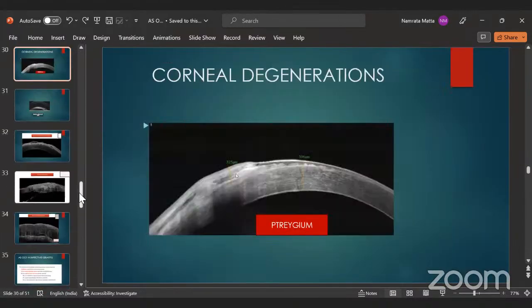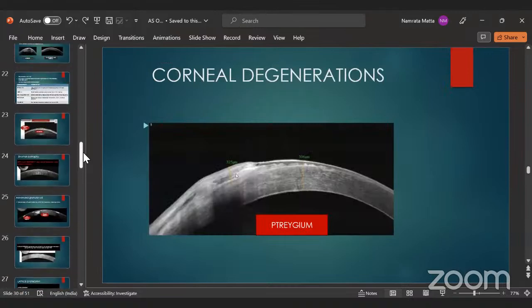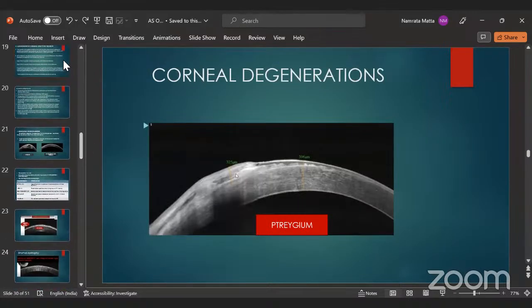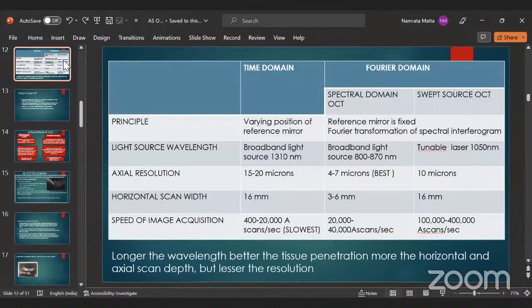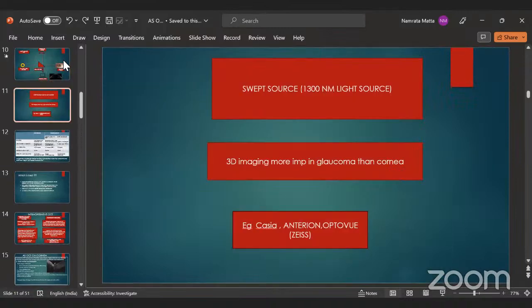Which is the spectral domain OCT that we are using, or sorry, the swept source OCT that we are using? Sir, in Kolhapur Center, it is OptoView. Yeah, OptoView is a spectral domain OCT. Sir, I asked and discussed there, but nobody knew clearly, so they told me it's swept source. I spoke to the optometrist. They said it is Care Group, but I said it is the OptoView Zeiss machine. That's why there was a little confusion regarding that.